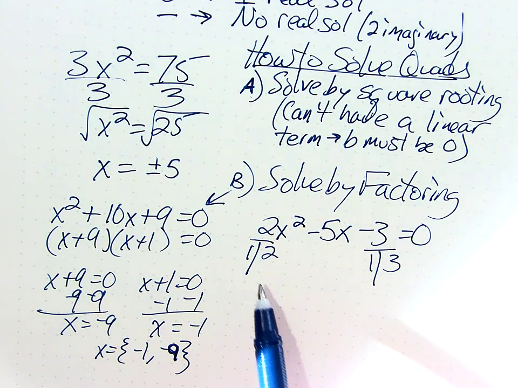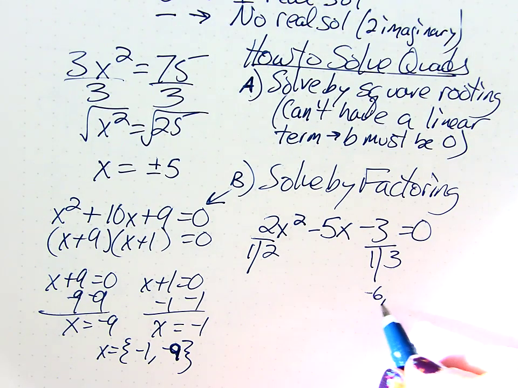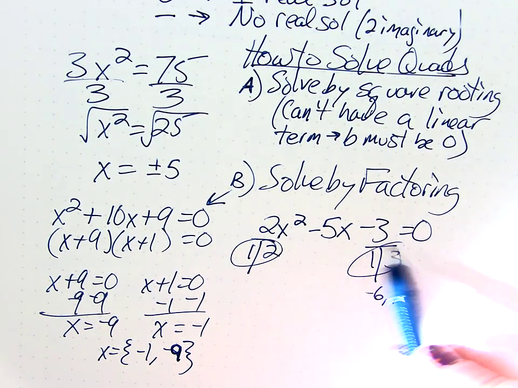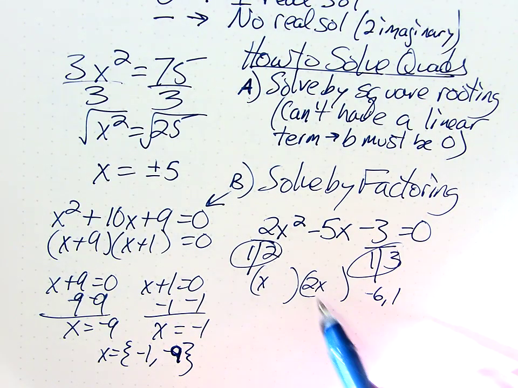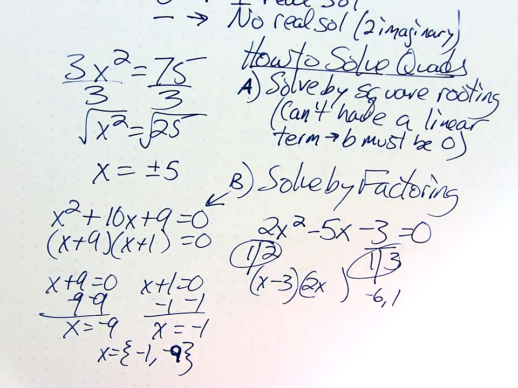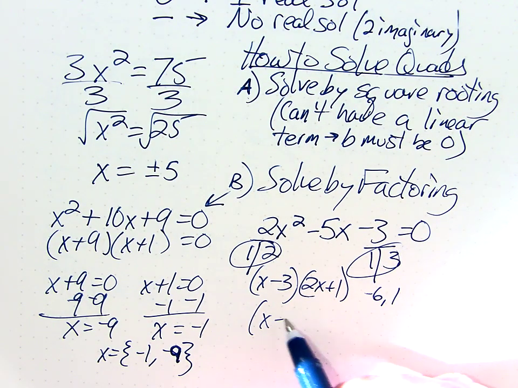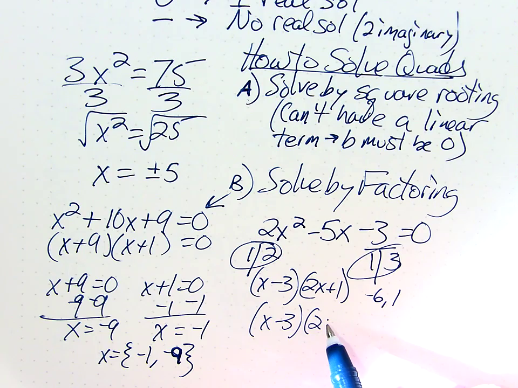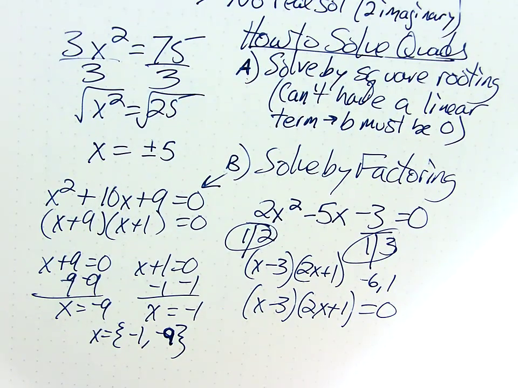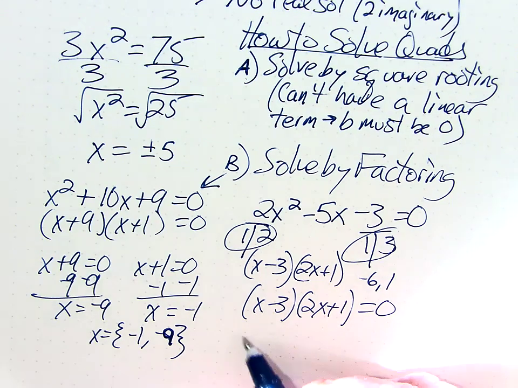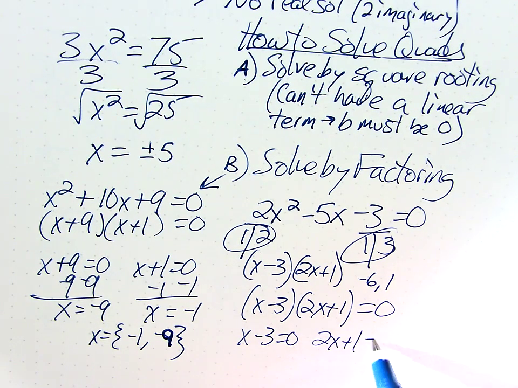Trying to get to a negative 5, so it looks like I'll do a negative 6 and a positive 1. So negative 6 means a minus 3 there and a plus 1 there. So there's my two factors, which means I'm ready to set them both equal to 0. So I have x minus 3 equals 0 and 2x plus 1 equals 0.